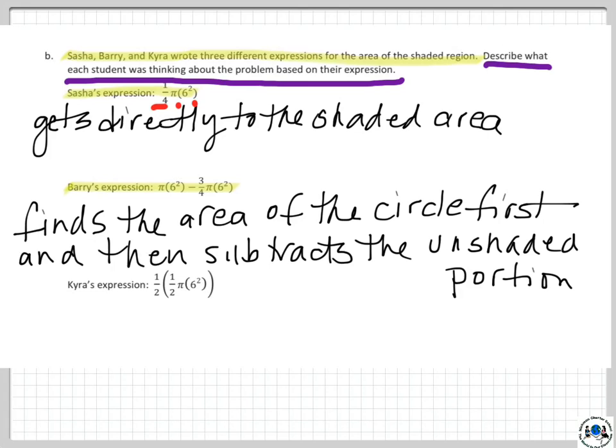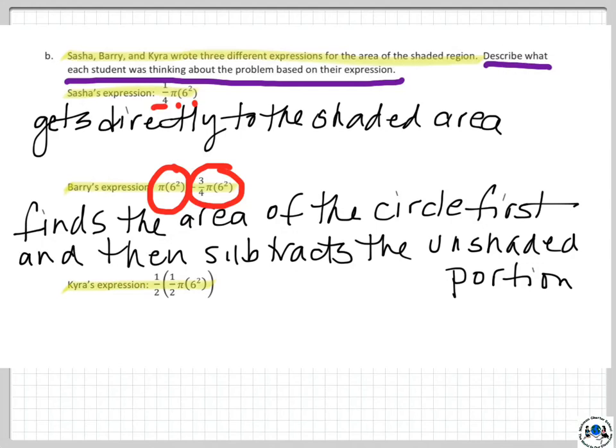So here's the area of the circle, pi times radius squared, and then he subtracts away 3/4 pi times radius squared, which to me seems very silly. I can't imagine ever doing it that way. But if you did, don't. I'm not calling you silly, but Barry should know better, right? Sheesh.